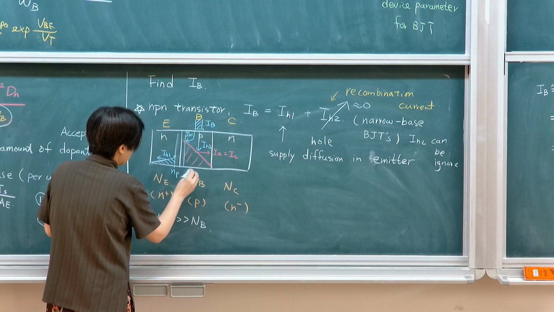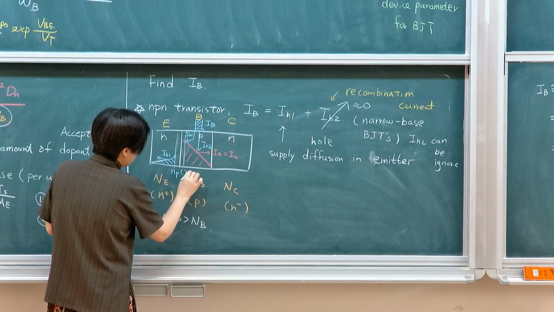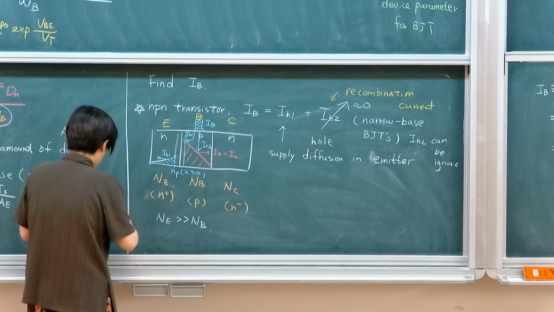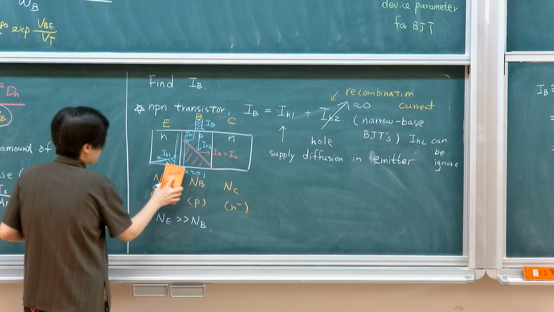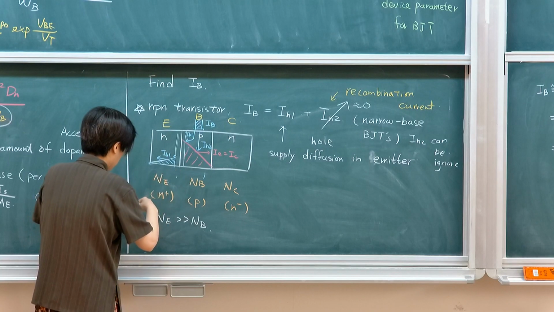this is Pn at x close to 0. Sorry, it's not MP, it's Pn.